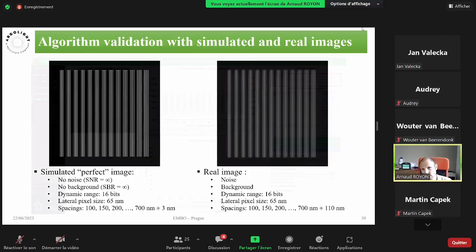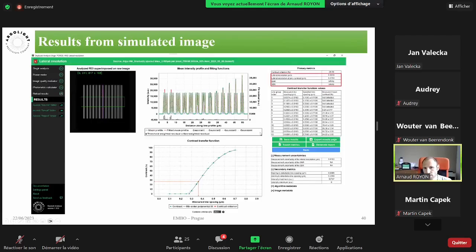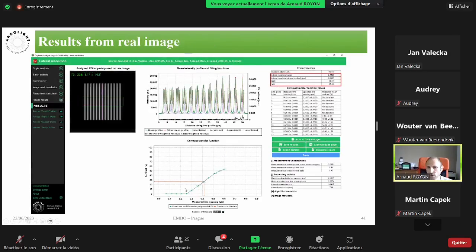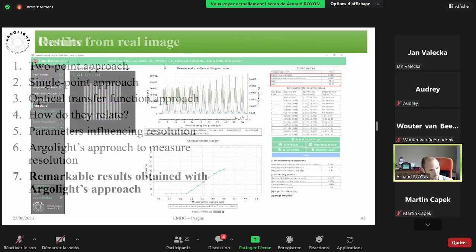For the simulated image, we get a very nice and very smooth contrast transfer function with an SNR and SBR that are infinite. For the real image, we get a less contrasted contrast transfer function, as expected, with finite SNR and SBR. So our approach works quite well.